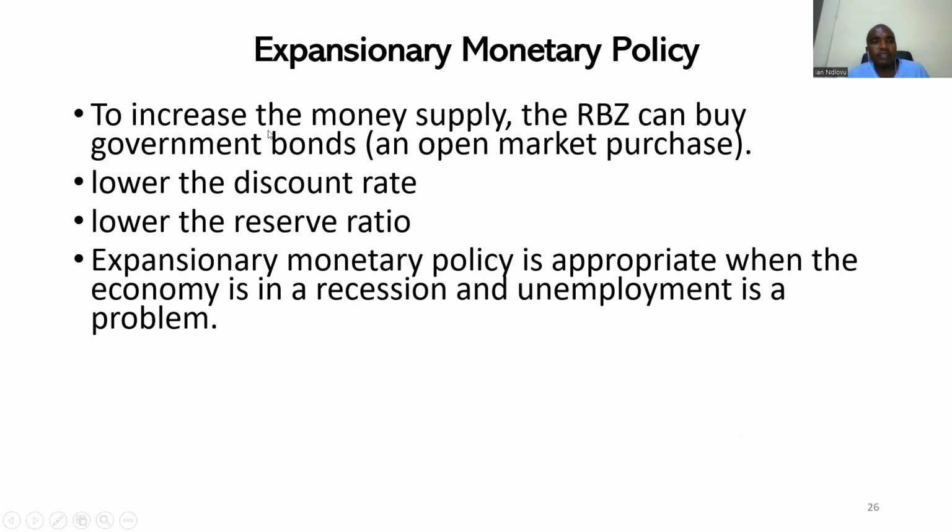So we want to look at expansionary monetary policy as well as contractionary monetary policy. To increase money supply, the RBZ can buy government bonds in the open market. This can be operationalized by lowering the discount rate or lowering the reserves ratio.